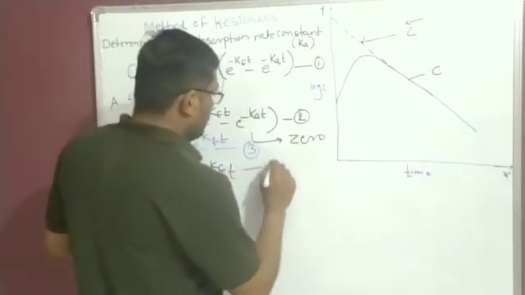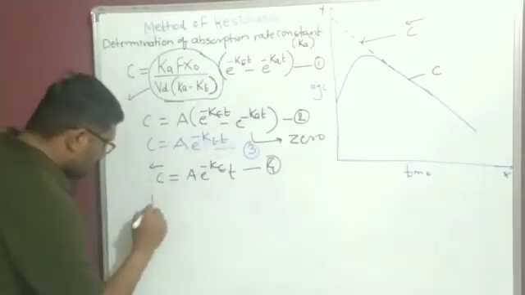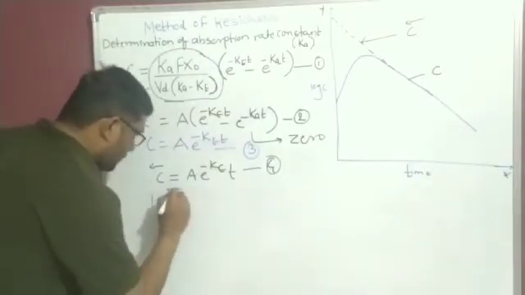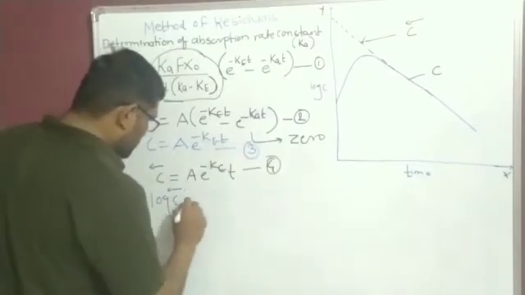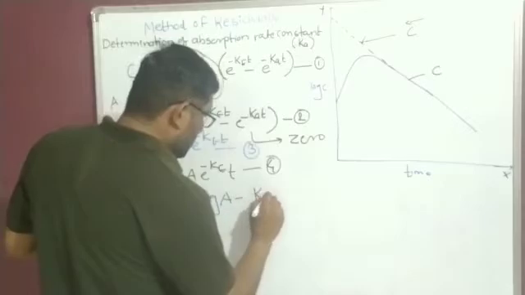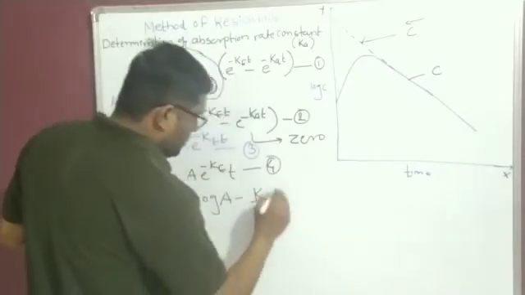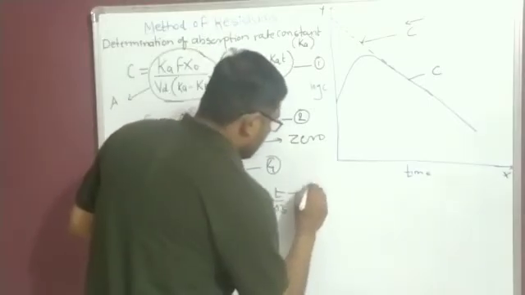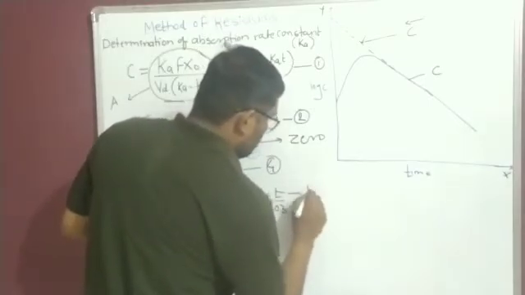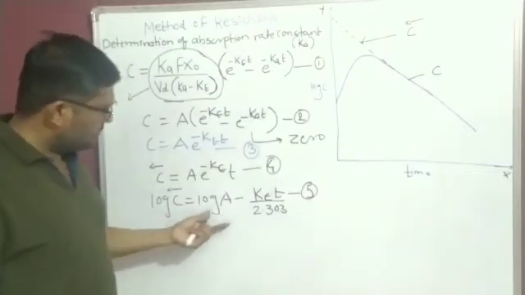Consider it as equation 4. After taking the log, the equation becomes log C' = log A - Kt / 2.303. Consider it as equation 5.